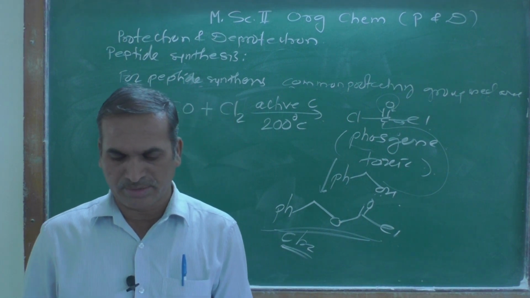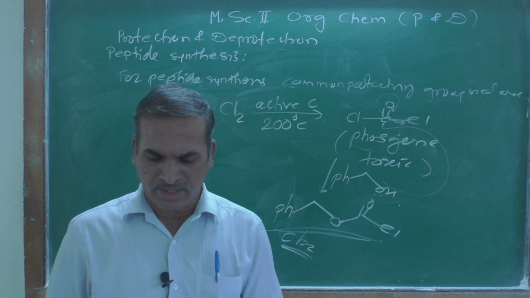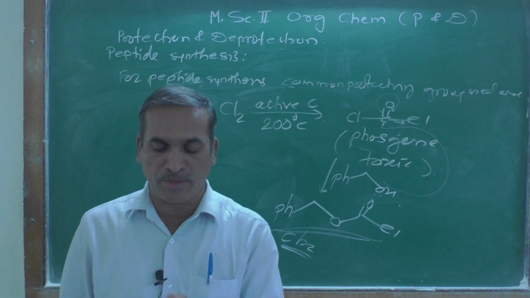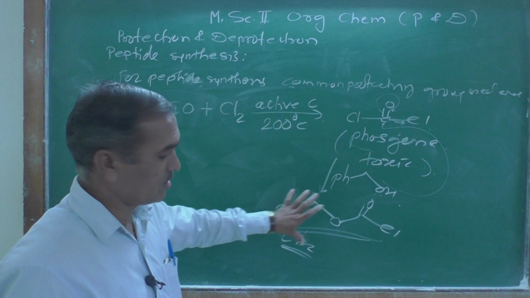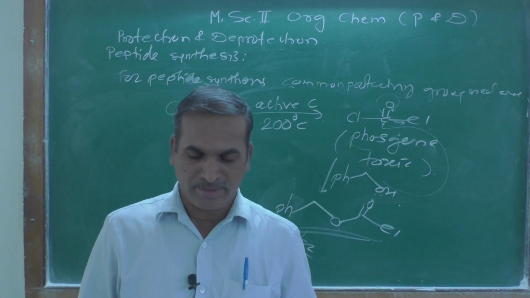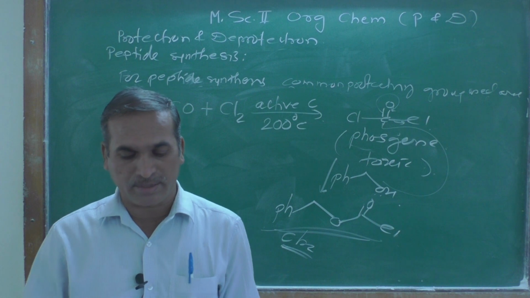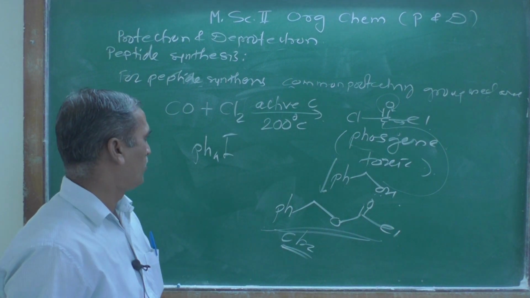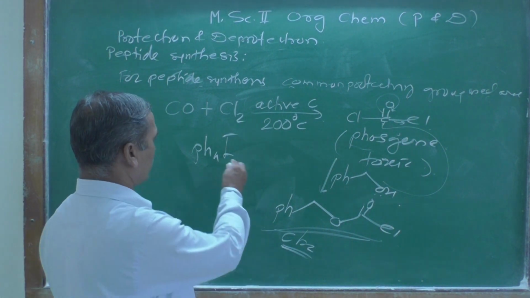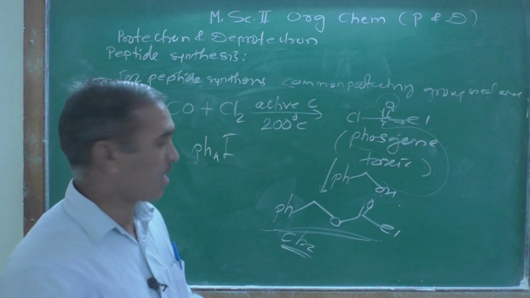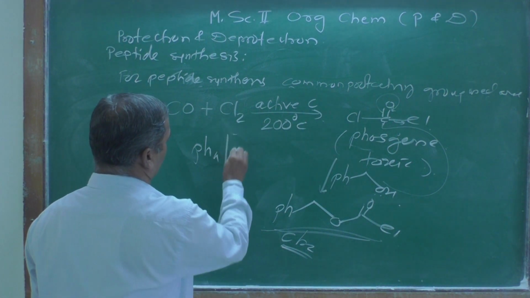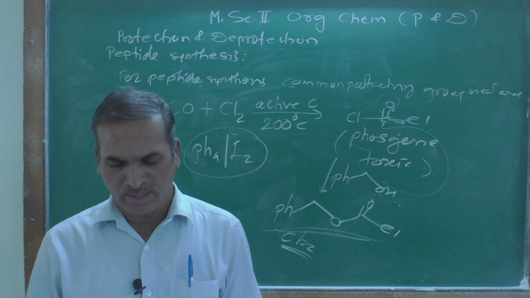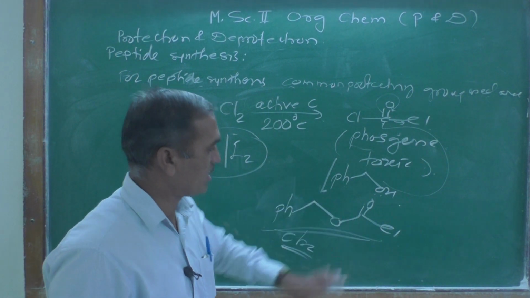For deprotection of the CBZ group, if the condition involves cysteine, then hydrogenolysis cannot be used. Then the reagent used is tetraphenyl in presence of iodine. This is a reagent used for removal of this group.